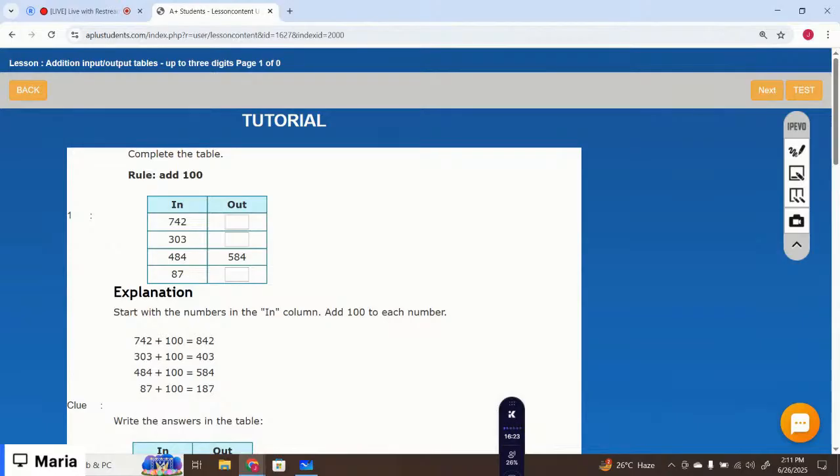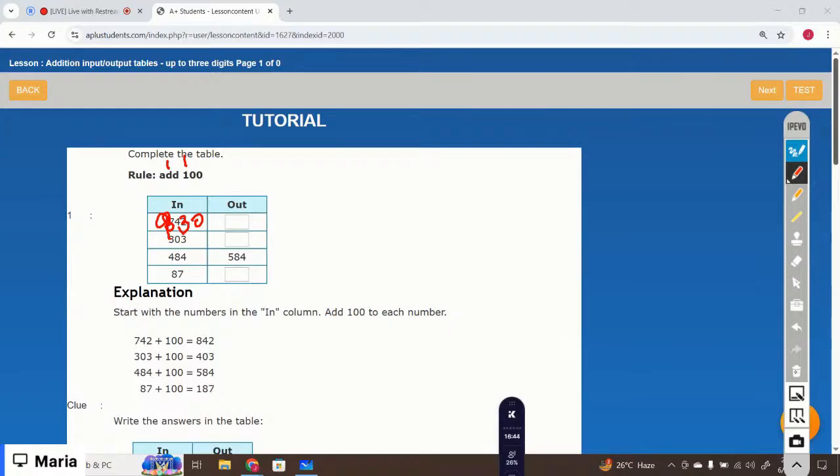The rule is you need to add 100. So you have to add 100 to each input value to get the corresponding output value, right? So 742 plus 100 makes 842.